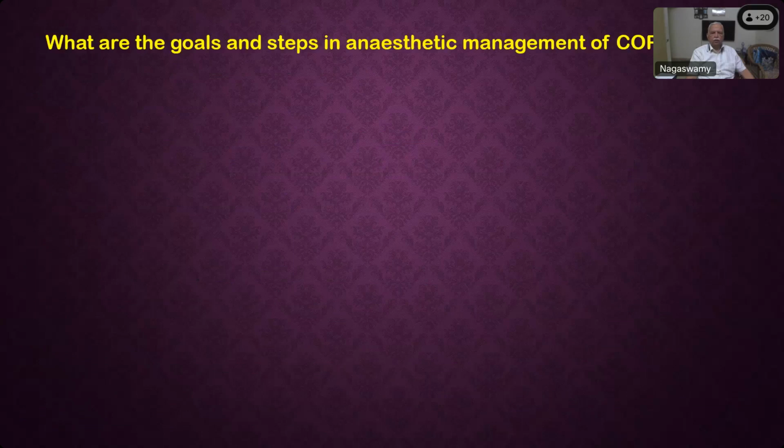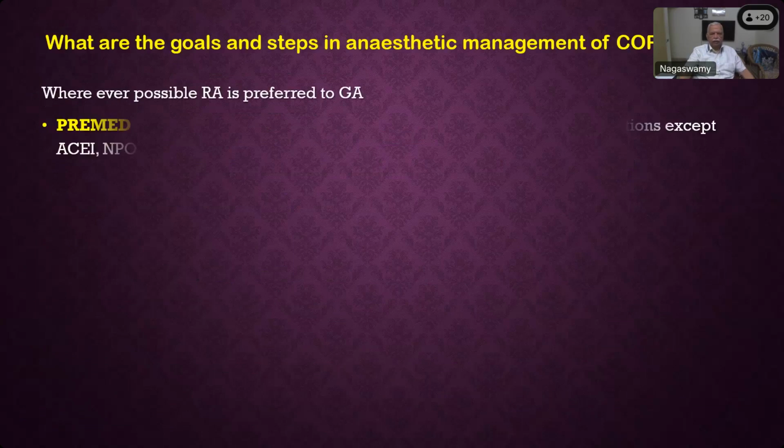What are the goals and steps in the anesthetic management of a COPD patient? So if you get a COPD case, what are all your plans in the anesthetic management? So wherever possible, you should choose RA over GA.